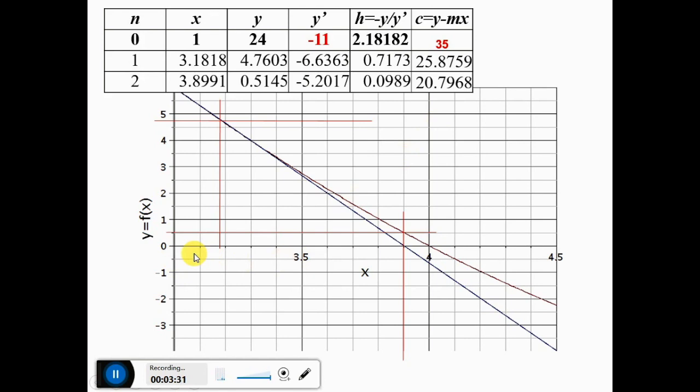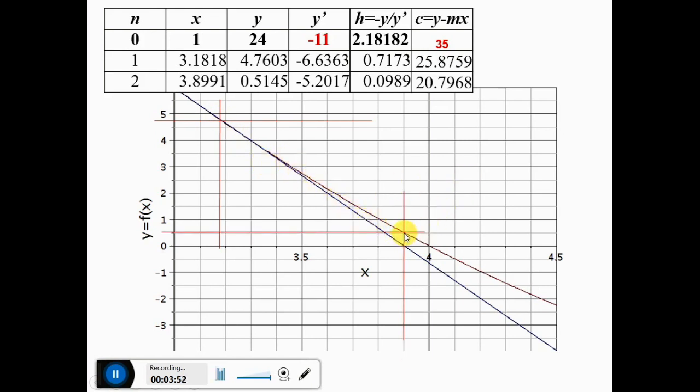Now again the x values are changing as I'm zooming into the graph, and here 3.18 is this point, corresponding y is 4.7. For this we are drawing a tangent, and the next iteration comes out.